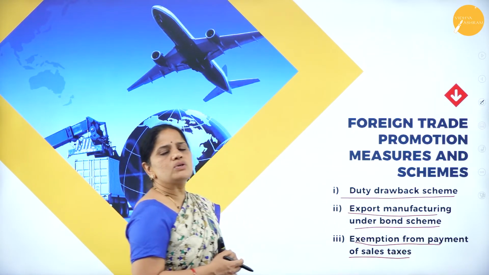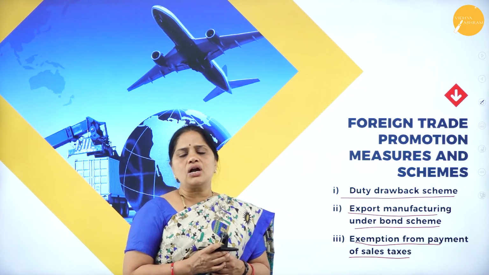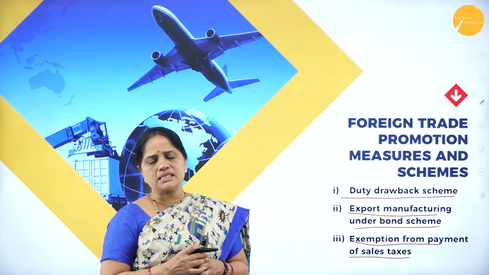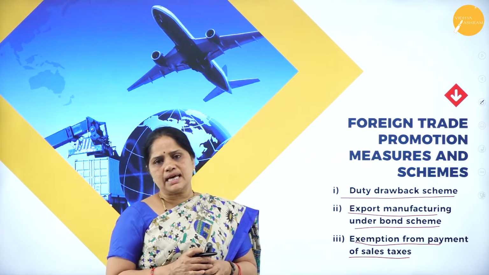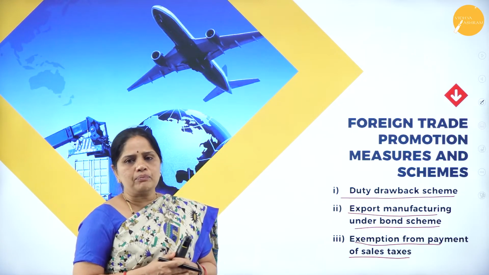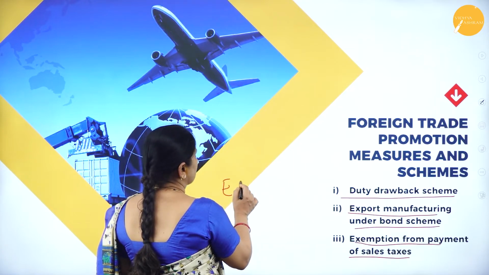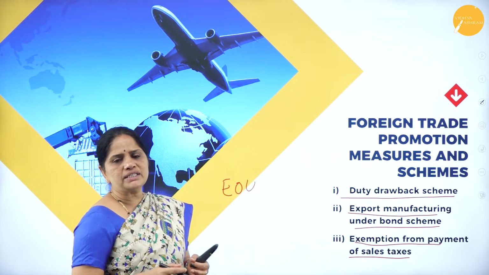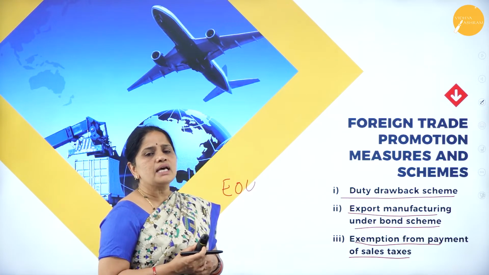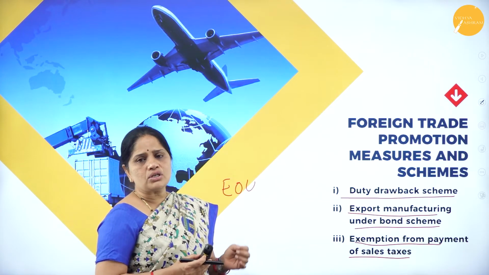Then the third one is exemption from payment of sales tax. Whenever goods are to be exported to a foreign nation, such goods are not subjected to sales tax. So, they are exempted from payment of sales tax. If the goods are produced in the EOUs or 100% EOUs, that is export oriented units, they are not supposed to pay any sales tax on such goods.